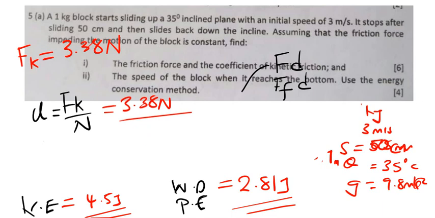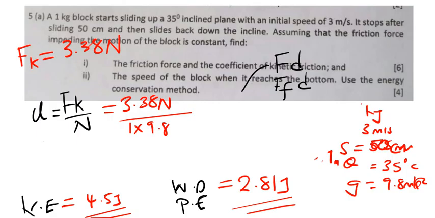Now what is the mass? The mass we've already been given as 1, multiplied by 9.8. Now don't forget that there is an angle here.